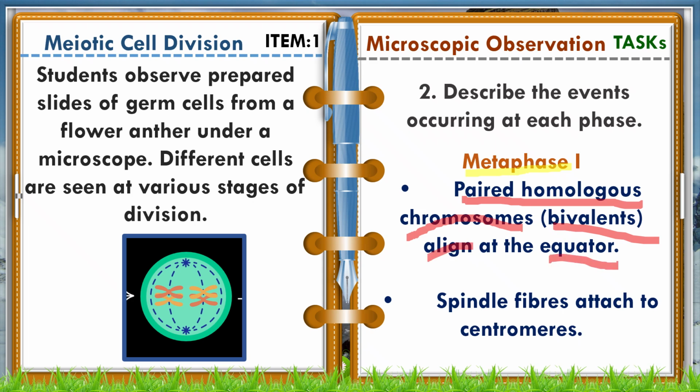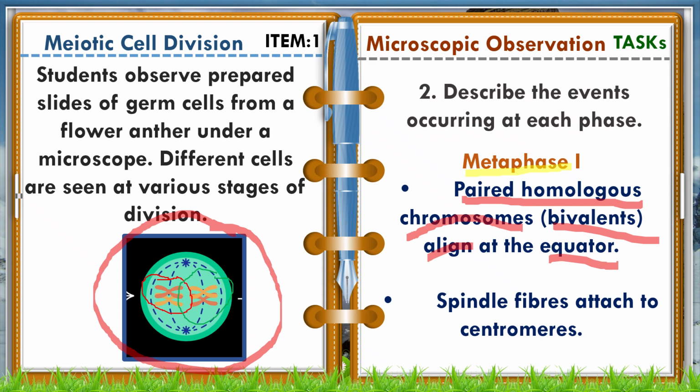So when you look here on our diagram, you will see that these homologous chromosomes, and also these other homologous chromosomes here, they align themselves on the same spindle. If you look at these homologous chromosomes, they align themselves on this spindle here, and this homologous chromosome here aligns itself on this spindle. So that's what we are saying, that the paired homologous chromosomes, the bivalent, align at the spindle.